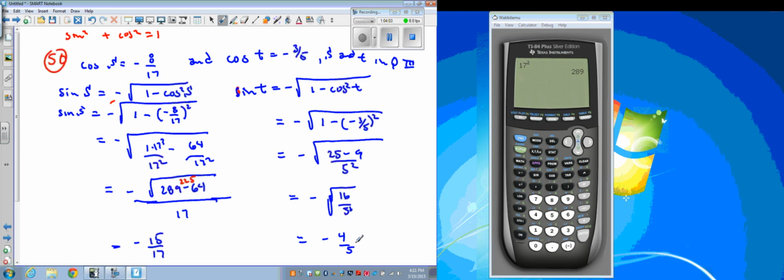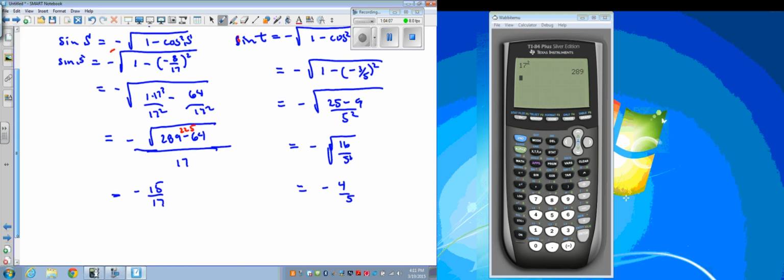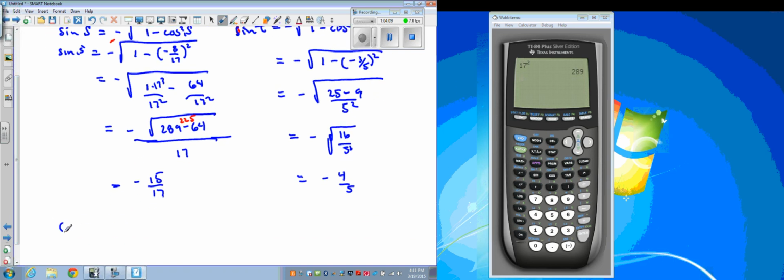So now what you do is you go the cosine of s plus t is going to be cosine s cosine t minus sine s sine t. And then you just substitute those values in, right?